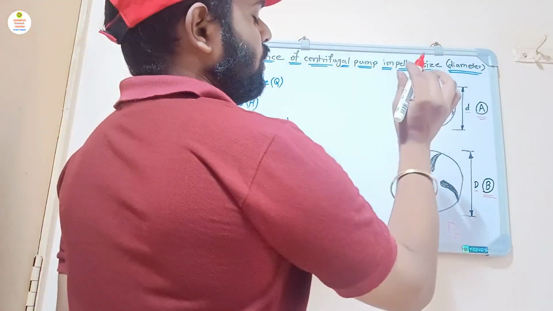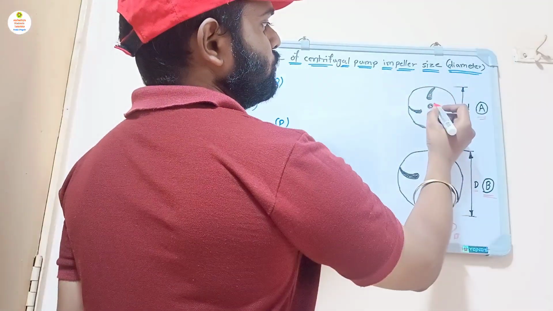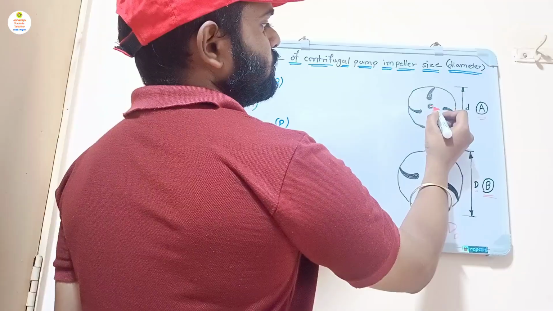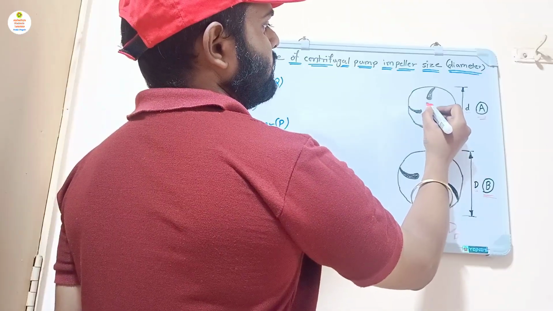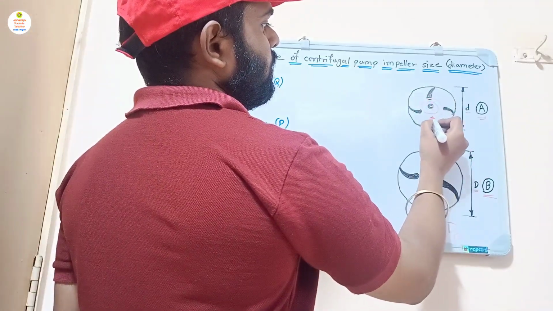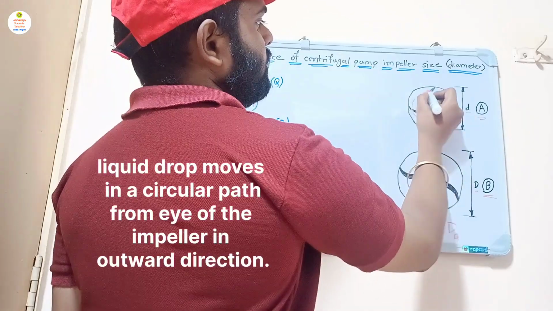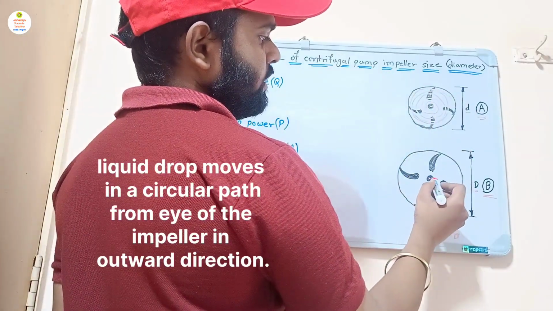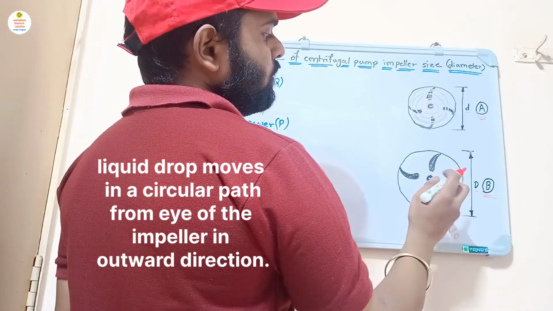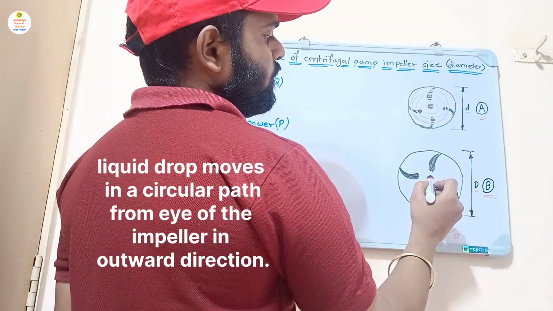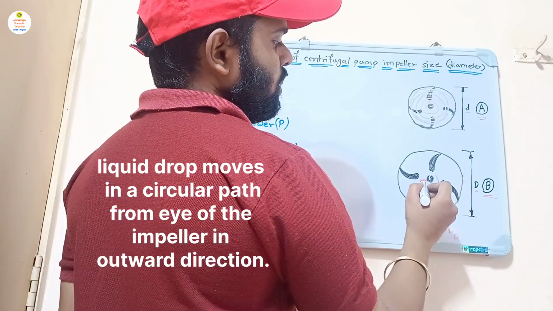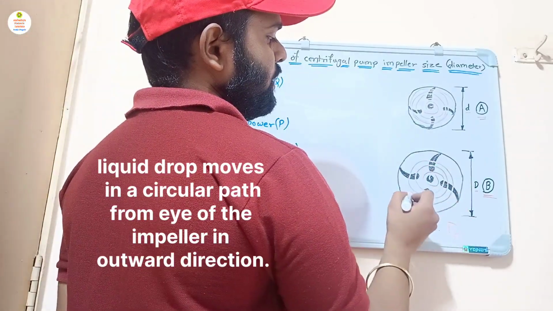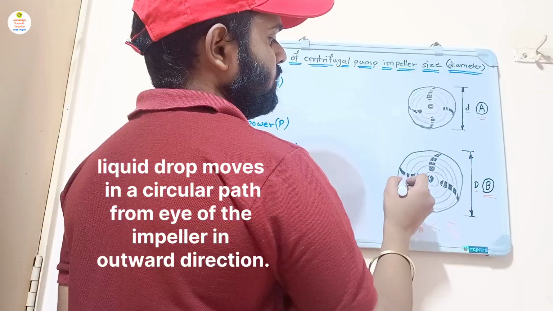Suppose a drop of liquid moves from this eye of the impeller in a circular path like this. Also in this case, the same liquid drop moves from the eye of impeller B, as you can see here.